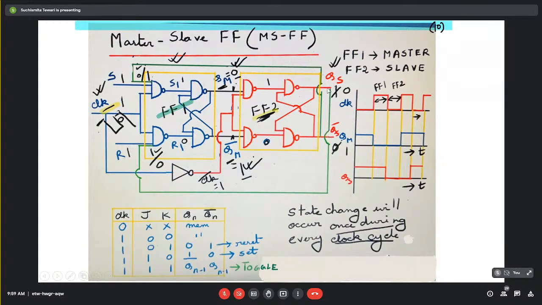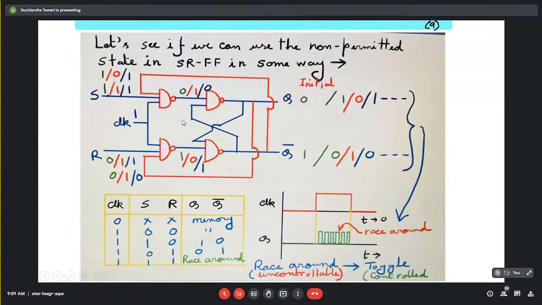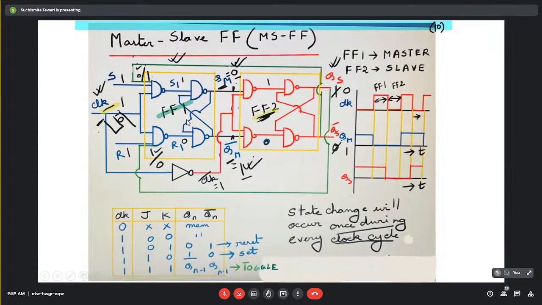And from the final output, we are getting feedback, as in the previous case. But here only the input of the first flip-flop is getting the signal. The input of the second flip-flop remains two input NAND gates. So this is the arrangement of this entire circuitry.